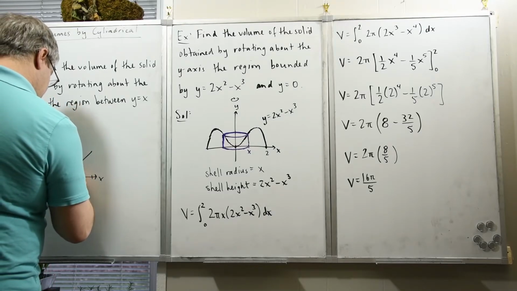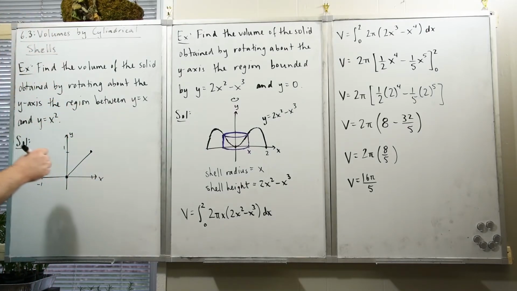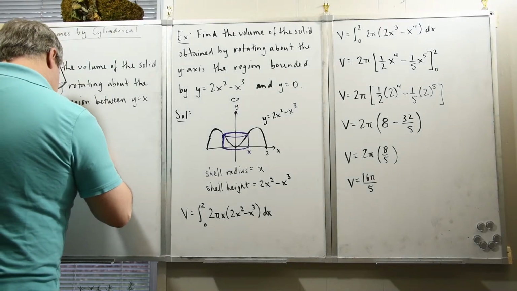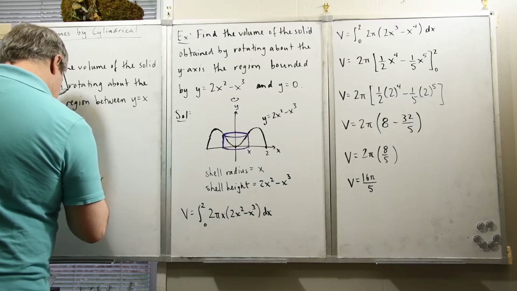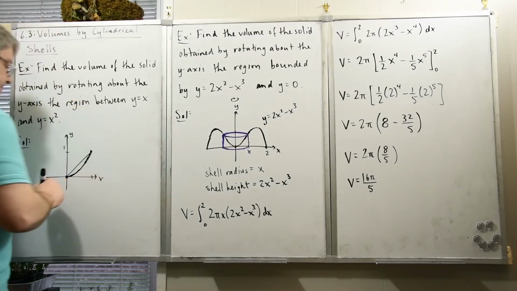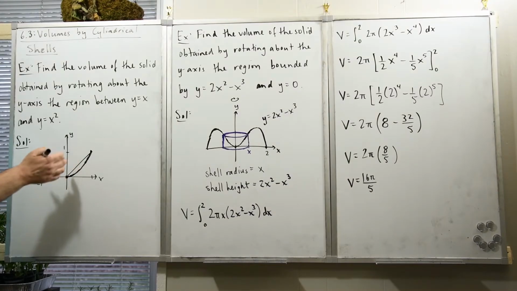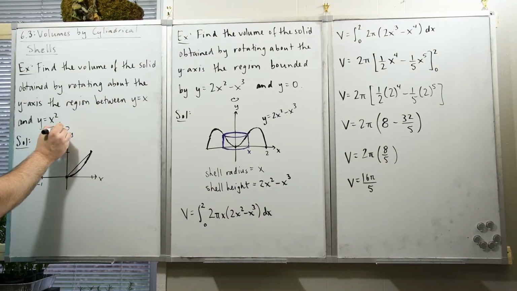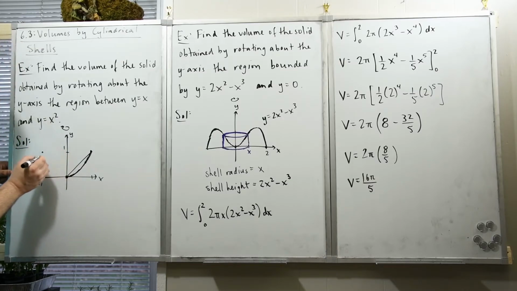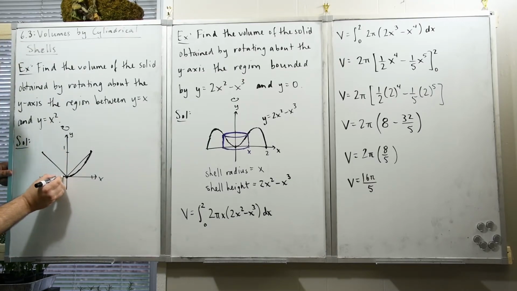What are our boundaries? Y equals x squared is our other boundary. And so the region that we're going to be rotating about the y-axis is this region here. And of course we can take a look at a mirror image. Our mirror image will have a picture that looks something like this.